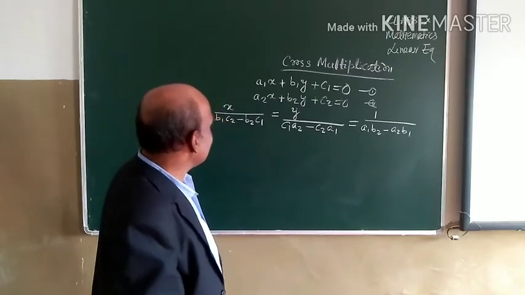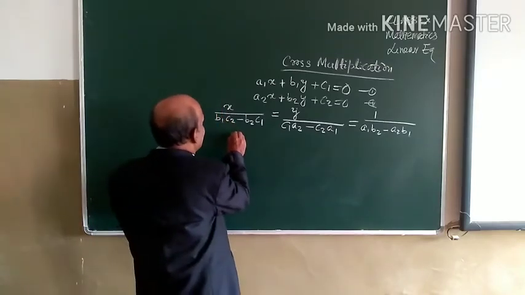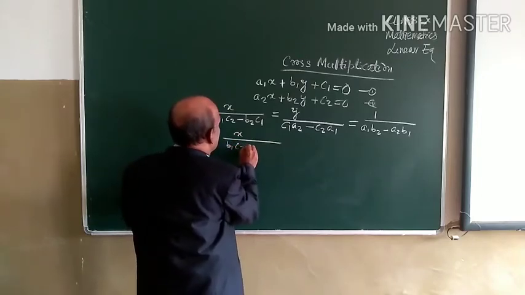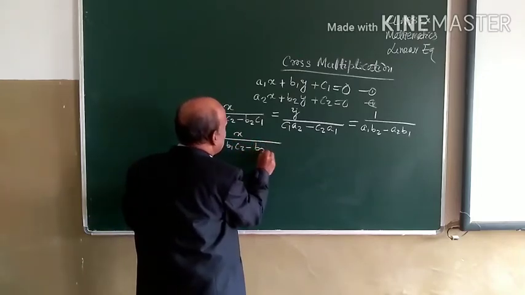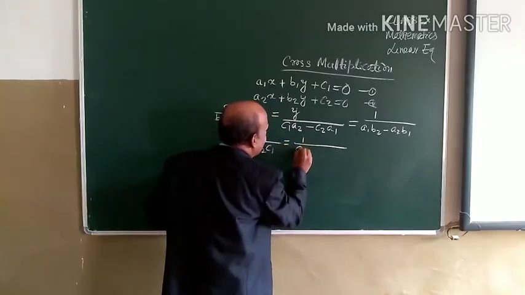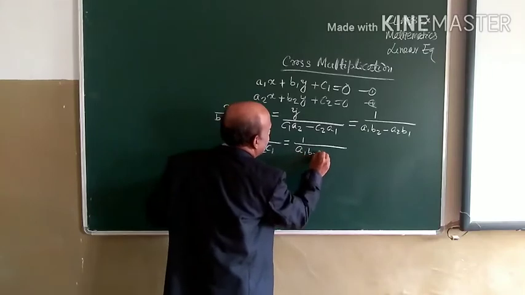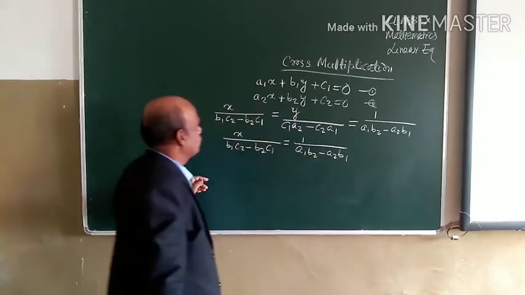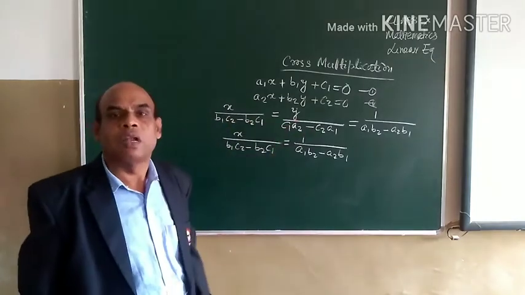So we can say x divided by b1c2 minus b2c1 is equal to 1 divided by a1b2 minus a2b1. First one is equal to last one.